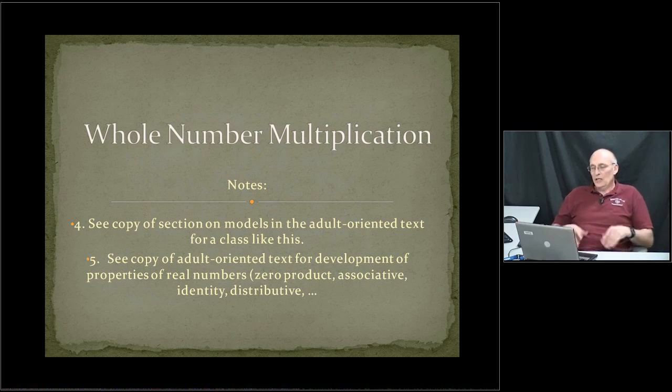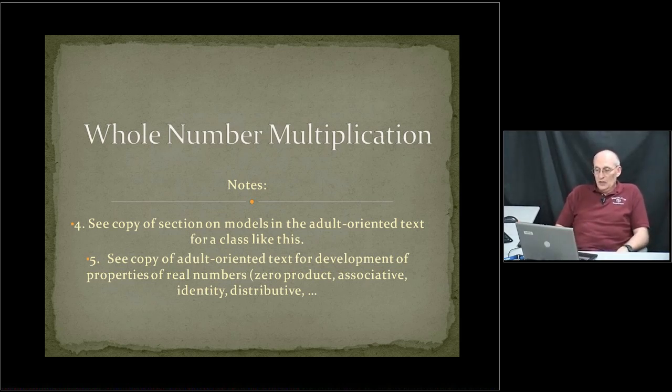We will also look at in class how adult-oriented texts sometimes deal with models of multiplication. So we'll get to look at what things to be aware of and watch for when you're trying to develop this from textbooks that you have.